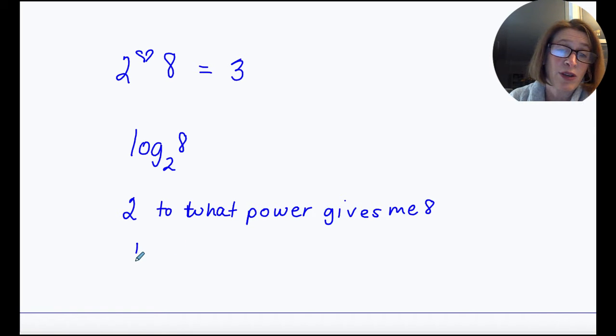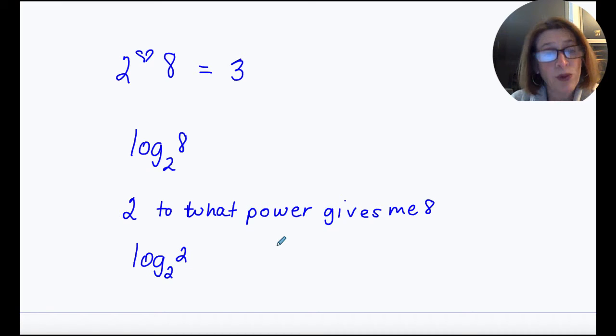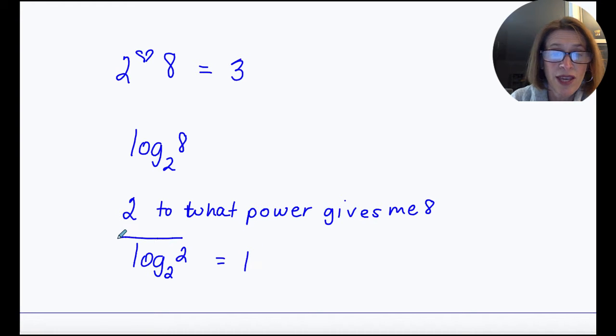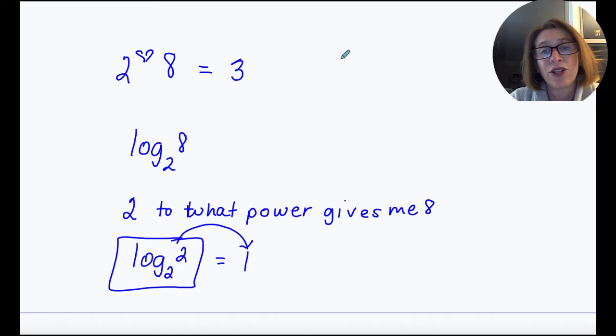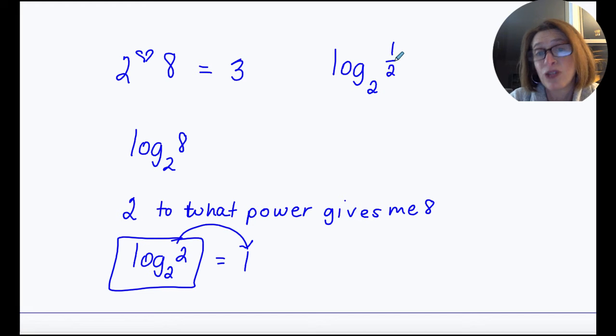All right, so I could give you, I don't know, log base 2 of 2. So 2 to what power would give you 2? So that would be the number 1. So this is 1. We could also do log base 2 of 1/2. So 2 to what power would give you 1/2?